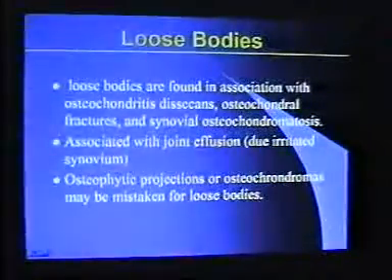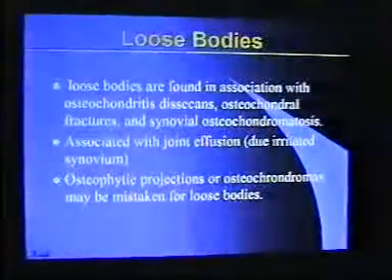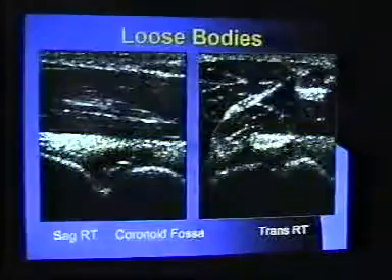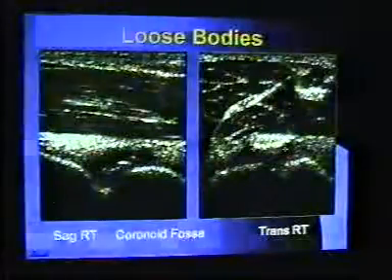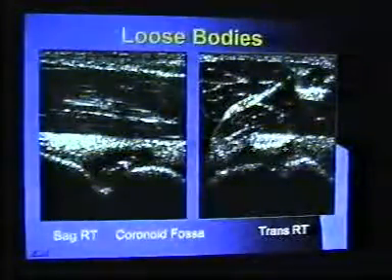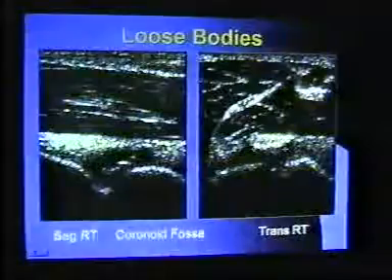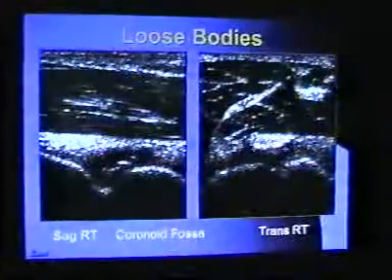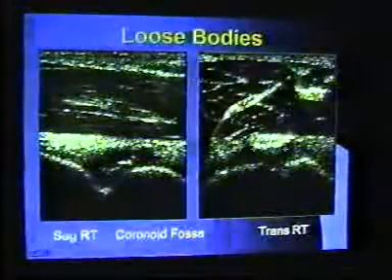Osteophytic projections or osteochondromas may be mistaken for loose bodies. Here we have loose bodies, sagittal scan and transverse scan of the coronoid process. This is the coronoid process, and here in the elbow we can see hyperechoic areas giving shadows. These are multiple loose bodies.